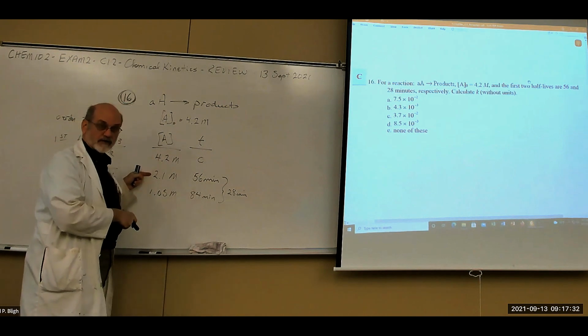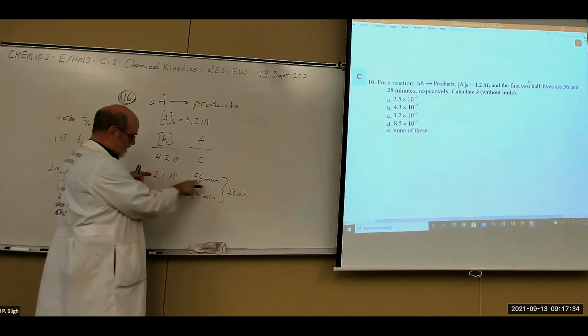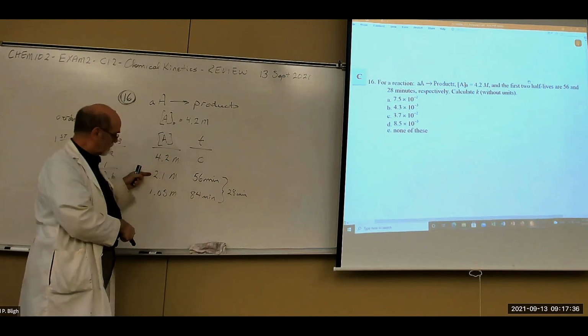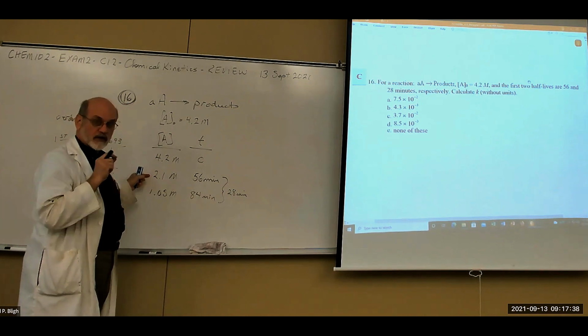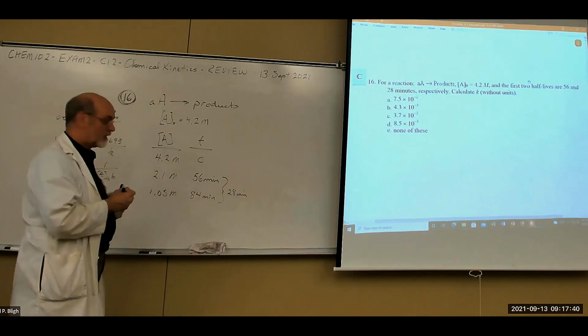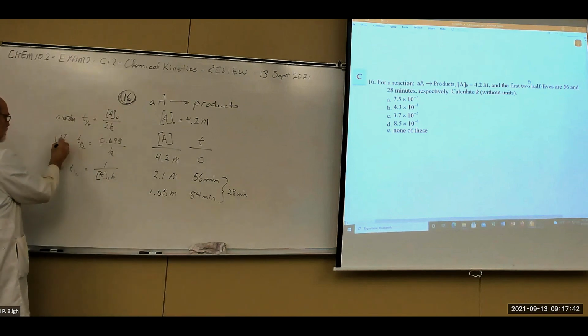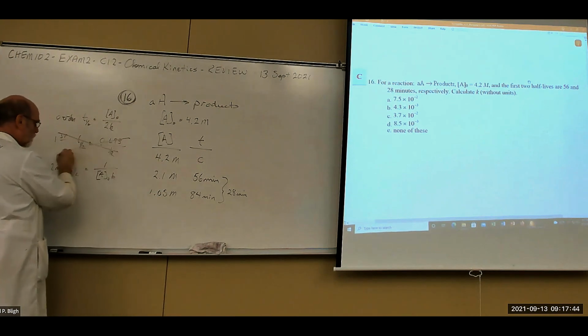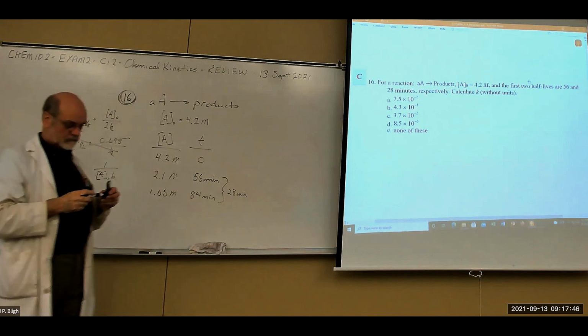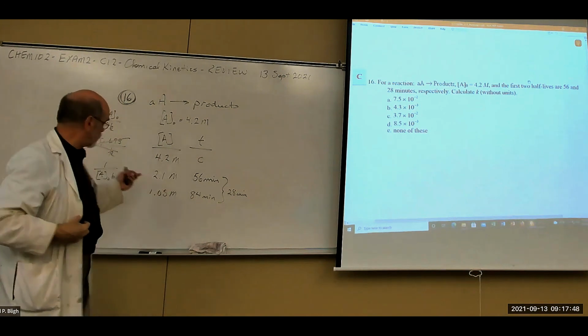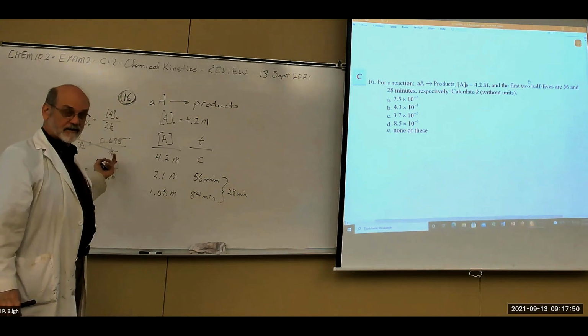This is the initial concentration for the second half-life. It's a different value, right? So the concentration does matter. What does that mean? That means first order can't be, because it doesn't depend upon the concentration, correct?